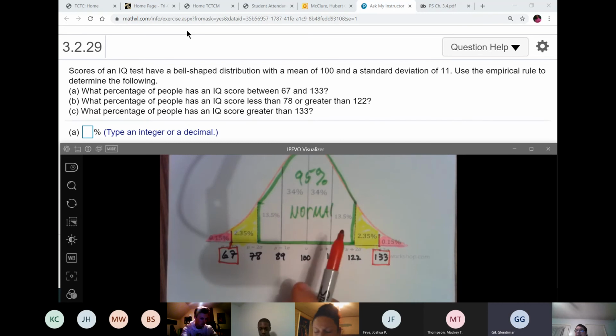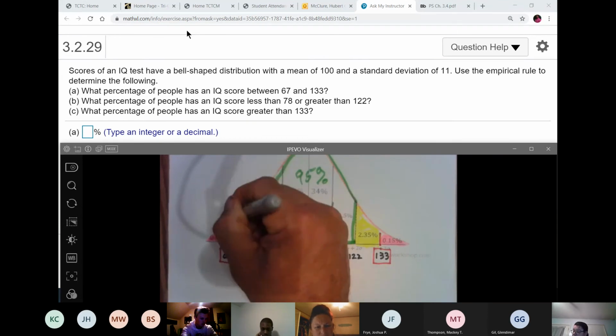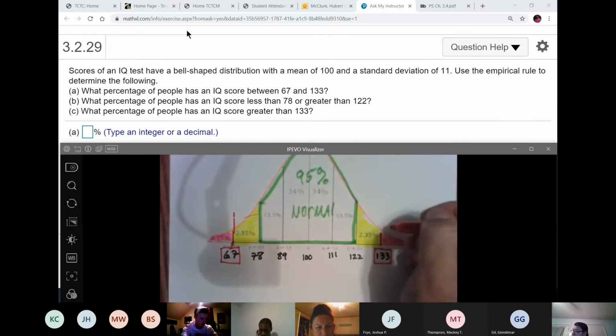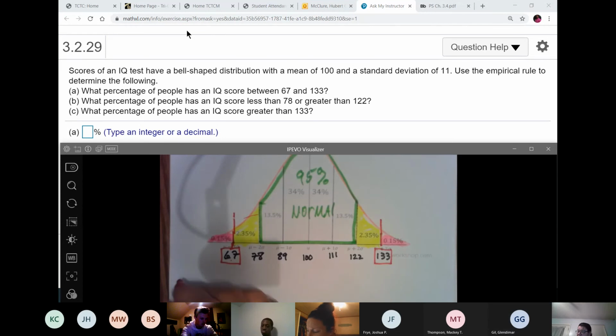Now, you don't have to add them up. You could say that's 95 plus 4.7%. You could do that. Or you could add them all up between here and here, because that's what it says, between 67 and 133. And I think that is what? 99.7. I thought that's what it was.